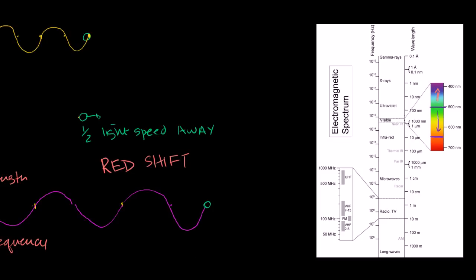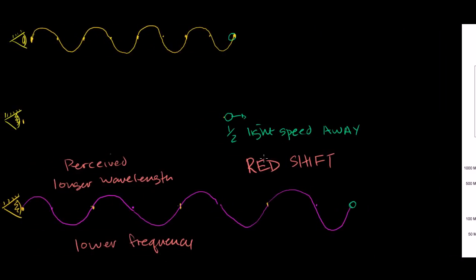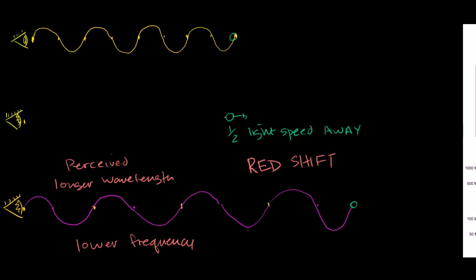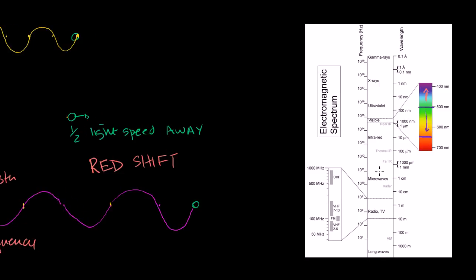Now the other thing I want to highlight is that this redshift phenomenon doesn't apply only to visible light. It could even apply to things that we can't see, things that are even more red than red. So maybe it's a microwave that is being emitted, but because the source is moving away from us so fast, it could be perceived as an actual radio wave.